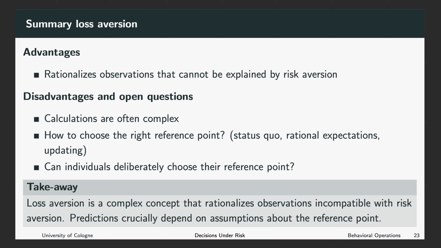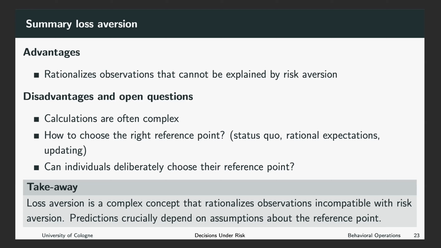What is the takeaway for this loss aversion lecture? Loss aversion is a complex concept that rationalizes observations incompatible with risk aversion. Predictions, however, crucially depend on assumptions about the reference point.